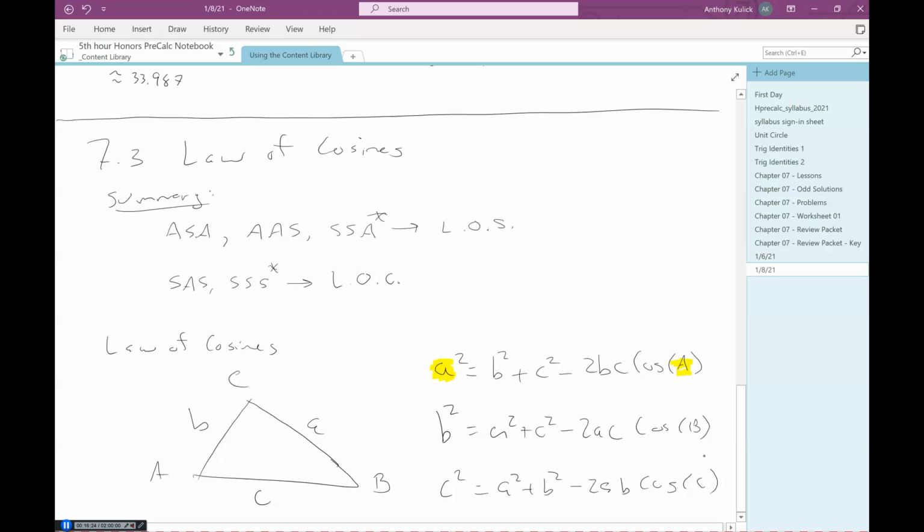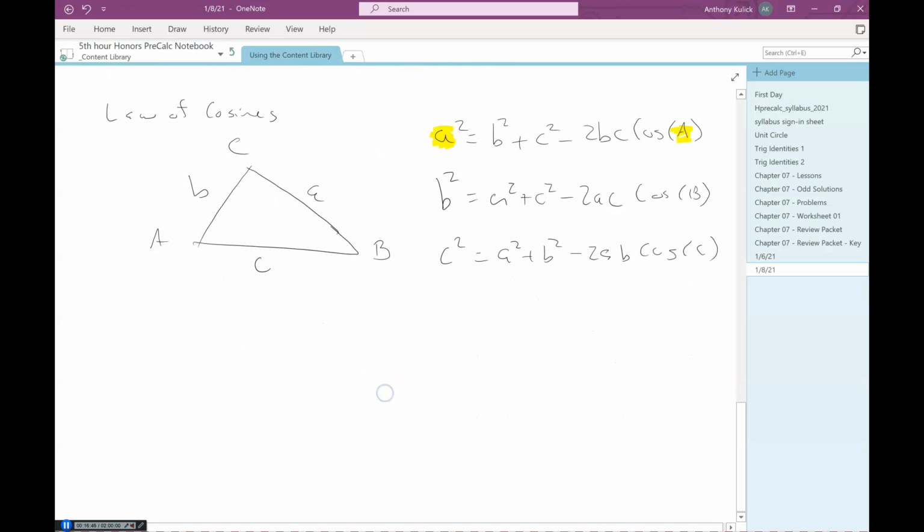If you did the law of cosines on a right triangle, that last correction factor just zeroes out because the cosine of 90 degrees drops it out to zero, and you have just the Pythagorean theorem. So this is just kind of a more general statement of the Pythagorean theorem, basically. So let's do a couple of examples here using this.